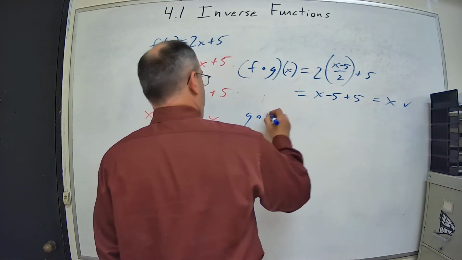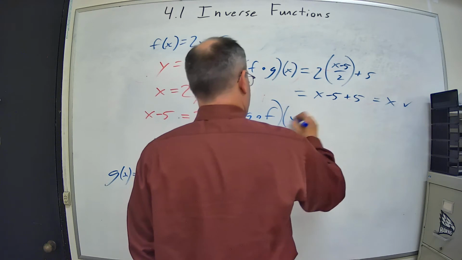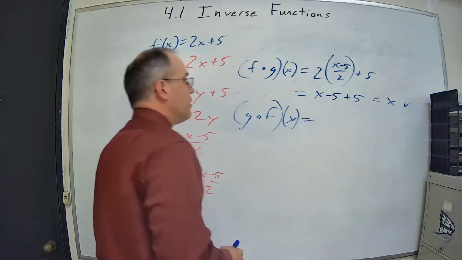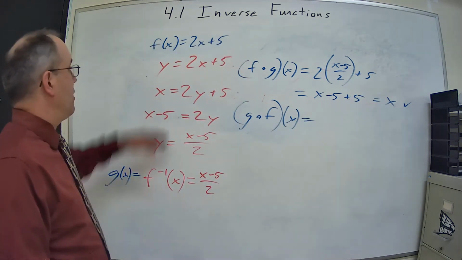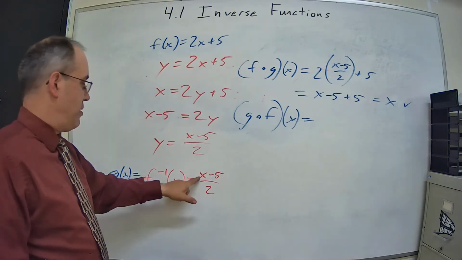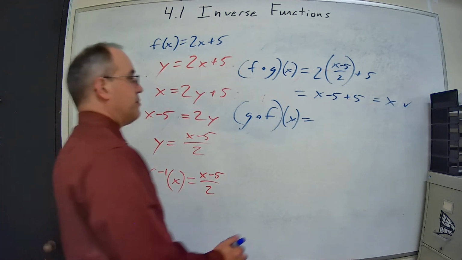And if I take g of f of x, now I'm going to take 2x plus 5 and substitute that in for x there.